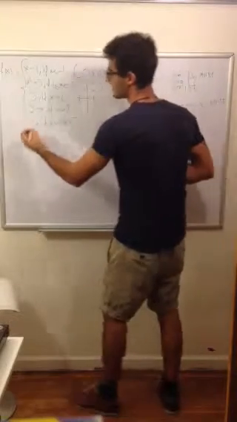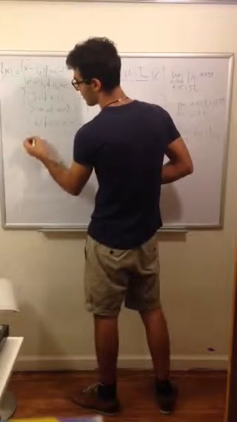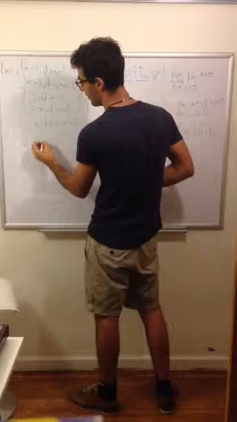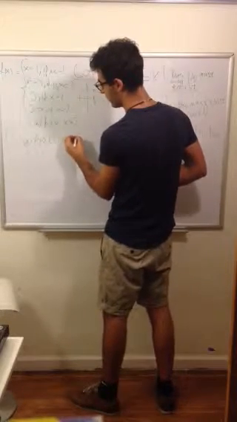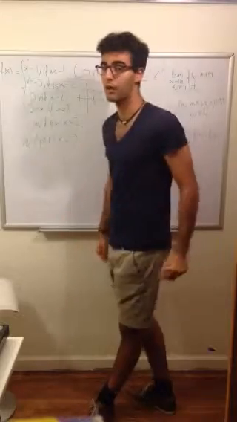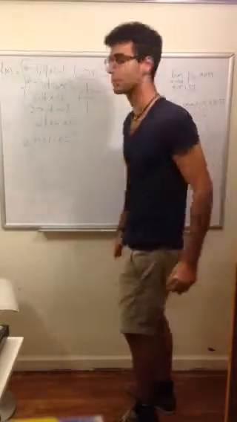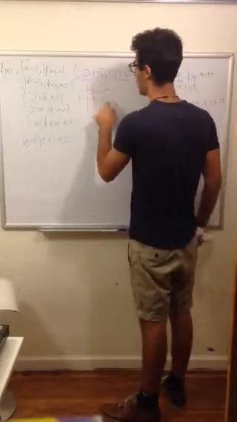In this case, it says in the question, when x is 2, we want to find out whether our function is continuous or not. So 1, 2, it would be here.